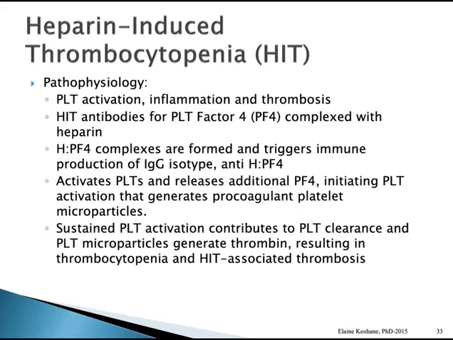This autoimmune response activates platelets and releases additional platelet factor 4, initiating platelet activation that generates procoagulant platelet microparticles, and sustained platelet activation contributes to platelet clearance, and platelet microparticles generate thrombin, resulting in thrombocytopenia and HIT-associated thrombosis. So the issue here with HIT is that there is thrombosis present because of this platelet factor 4 release and the immune response to the heparin platelet factor 4 complexes.